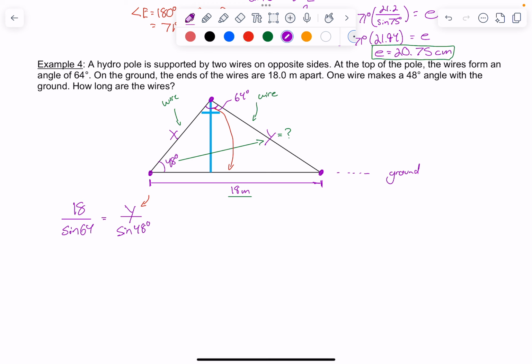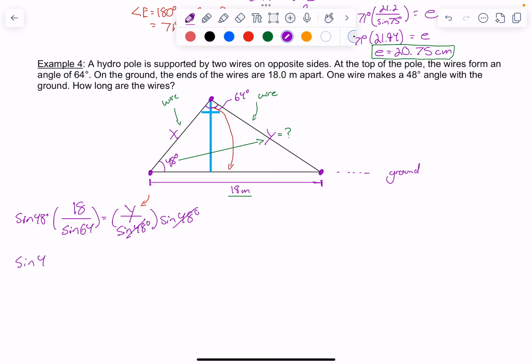Let's multiply both sides by sine 48 degrees. These will cancel, so you also need to put a sine 48 on this side. You get sine 48 degrees multiplying 18 divided by sine 64 degrees, and that's going to give you your side length y.